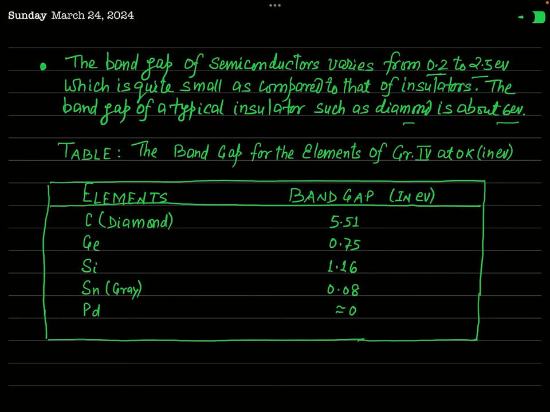Because this band gap is small but not zero, this material at absolute zero temperature will have a vacant conduction band. There will be no electron in the conduction band at absolute zero temperature in a semiconductor, and so they behave like an insulator.